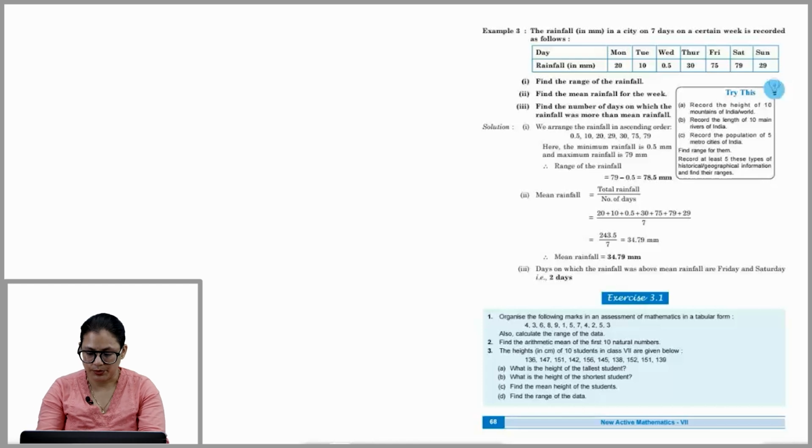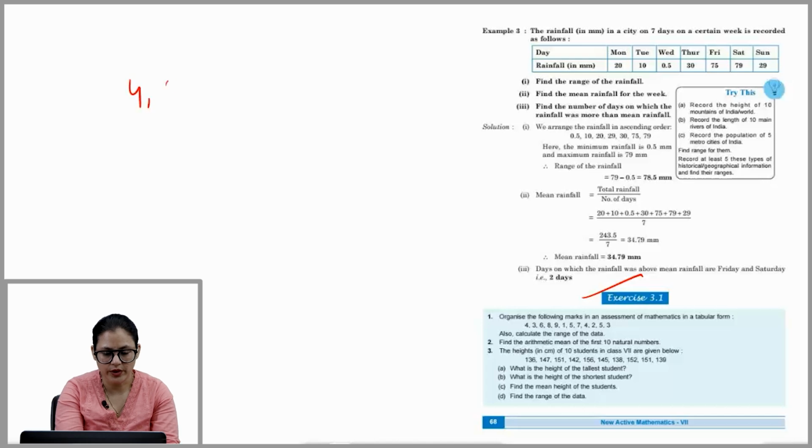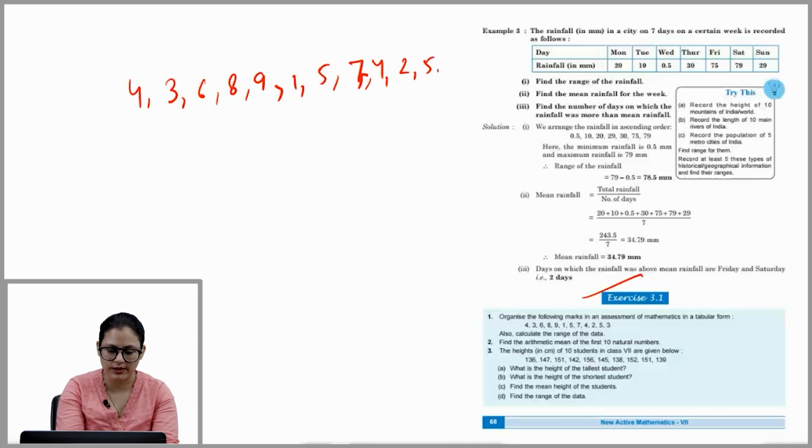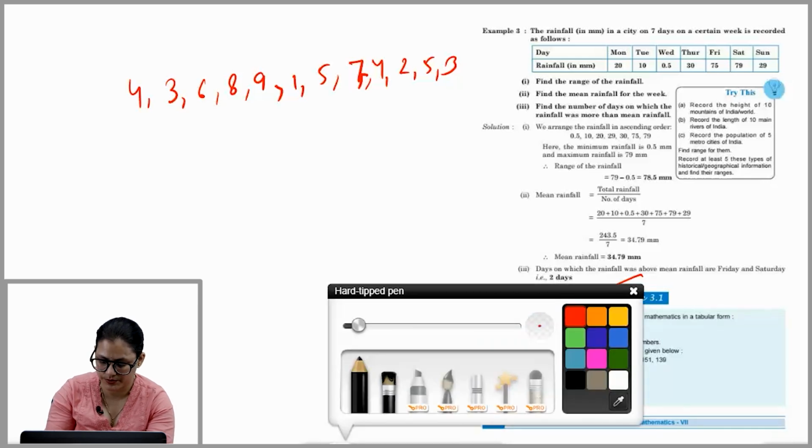Let's do exercise 3.1. Organize the following marks in an assessment in mathematics in a tabular form. Also calculate the range of the data. So first you will write them in ascending order. Only then can you find out the range easily. So first arrange them in ascending order.